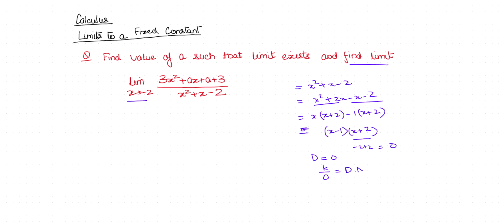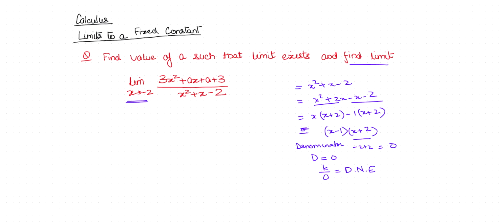This will make the denominator 0 if we put x equal to negative 2 here.